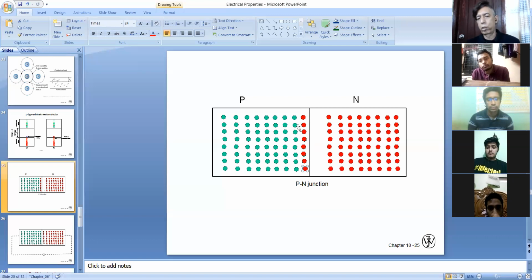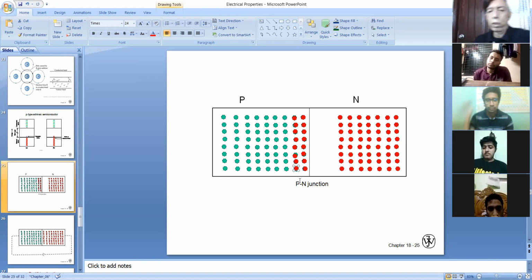This hole will attract the electrons. And this hole also will attract the electrons.